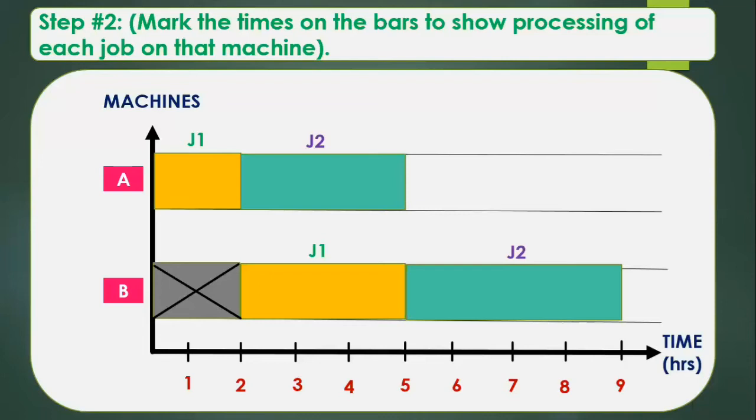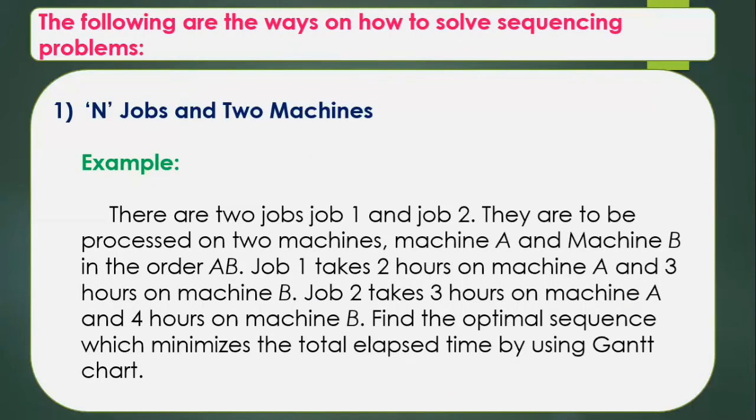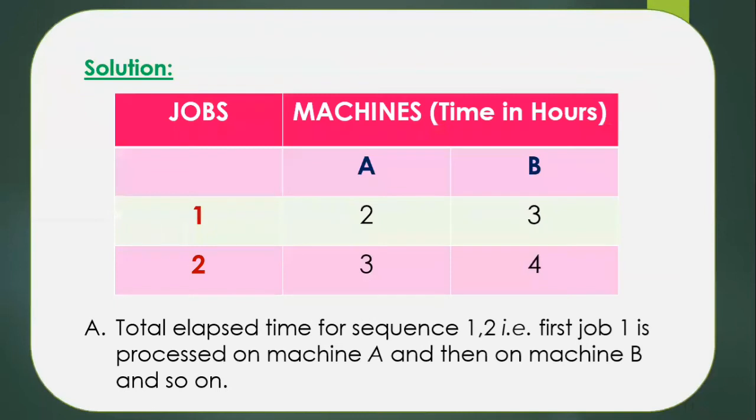Going forward to job 2, if we go back to our problem, it says job 2 takes 3 hours on machine A and 4 hours on machine B. Let's go back to our graphical presentation so we have a visual.